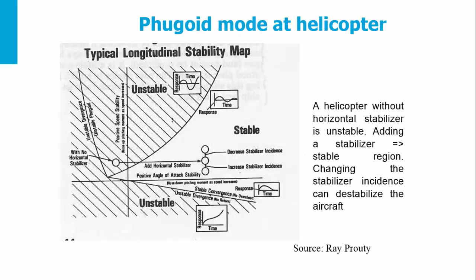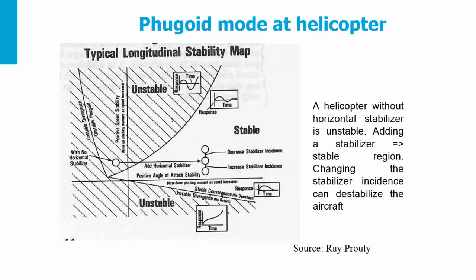Because the phugoid mode is unstable, one needs to define a stability map for a helicopter. Usually, to damp the phugoid mode, so to stabilize the mode, we have to add a horizontal stabilizer.